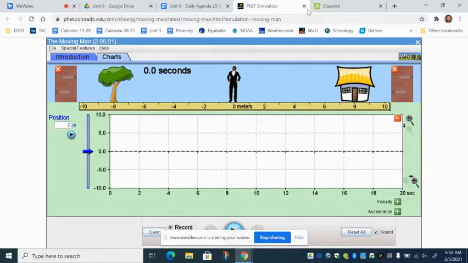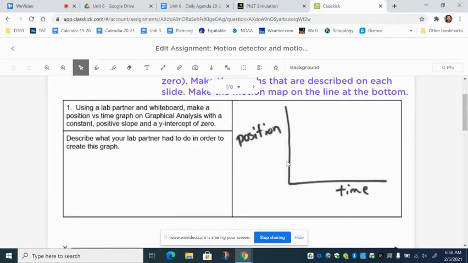So what you're going to do with the moving man is read the statement here and then move the man in that direction. So if we look at this, it says using a lab partner and a whiteboard. Instead of using the lab partner, you're using the moving man.